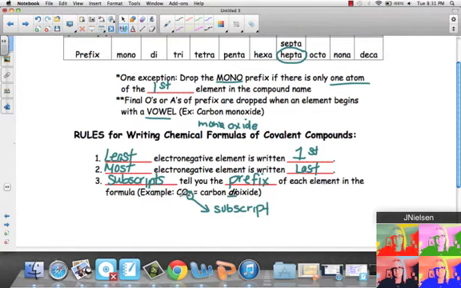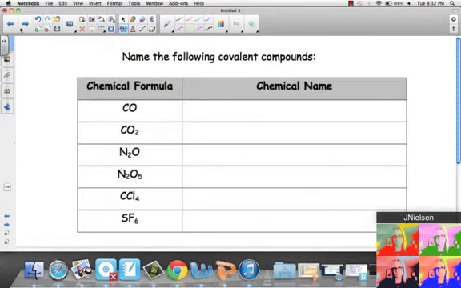There's only one carbon, and because there's only one and it's the first element, we just name it carbon, and that 2 tells us there's 2, so we use the prefix di, and then dioxide. We name the ending of it like we would the ionic compound.